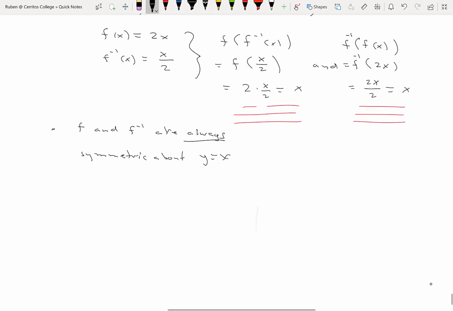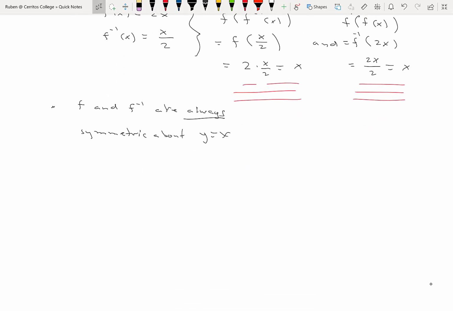Always, always, always. Well, what about f of x equals x squared? That wouldn't have an inverse, so we wouldn't have that necessarily true. What about f of x equals x squared for x greater than or equal to 0? That function has an inverse. It's the square root function.